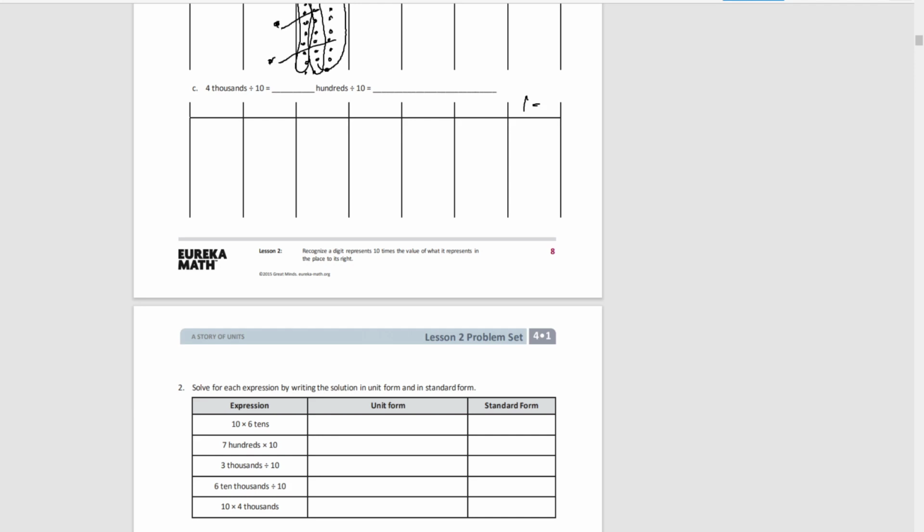Again, let's label our place value chart. We start with 4,000s, and we see we're dividing by 10. So this time we're breaking our 1,000s down into the next smaller place value of hundreds.